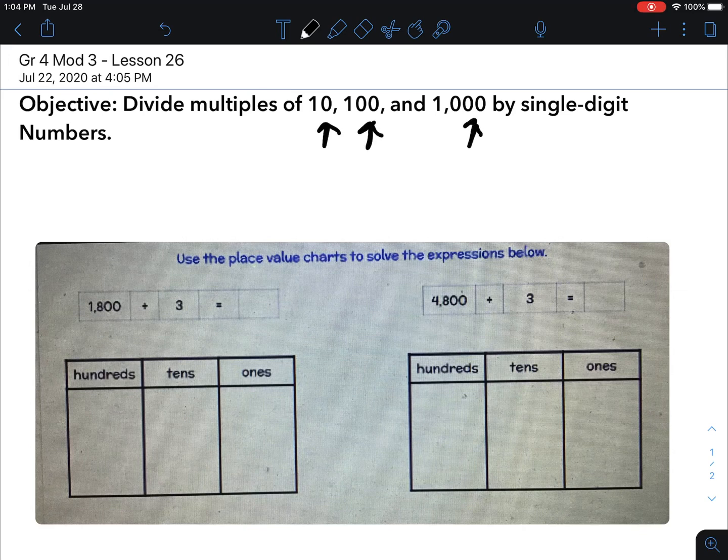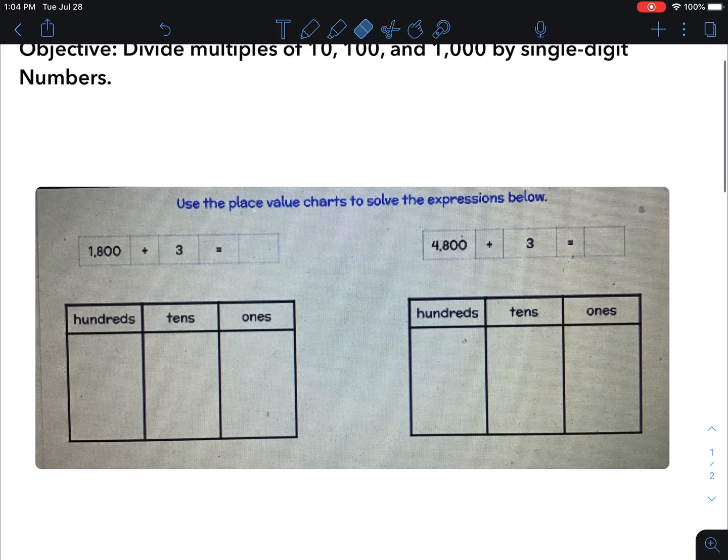When you're dividing or multiplying numbers that end in zeros, it really makes it easier. And we've gone over this before, but I'm going to show you again. All right, so for instance, this problem is 1,800 divided by 3. So you may wonder, well, if I'm supposed to use a place value chart, why is there no thousands place?